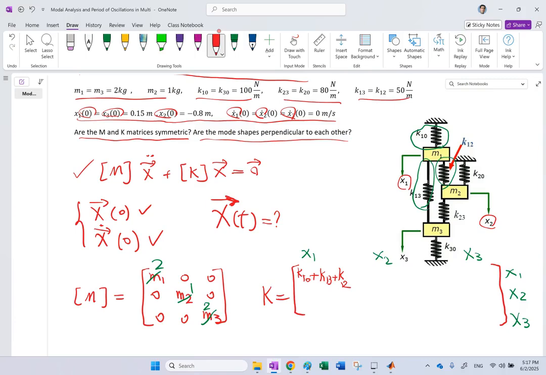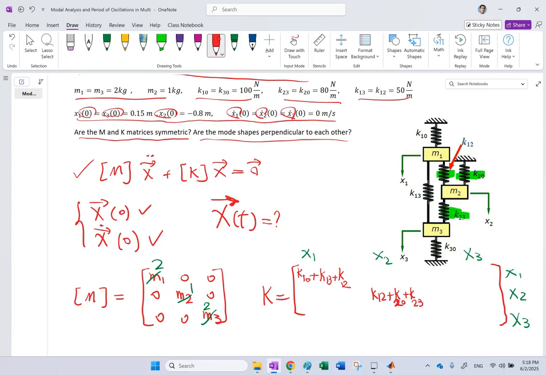What about M2? Well, for M2, again, look at which one of these springs are attached to M2. So you see that this one is attached, and this one. So element 2,2 is going to be all the K's attached to M2. So this is going to be K1,2 plus K2,3 plus K2,0.